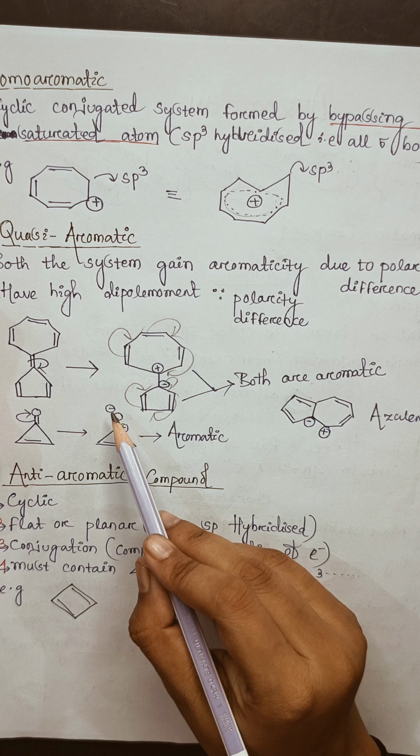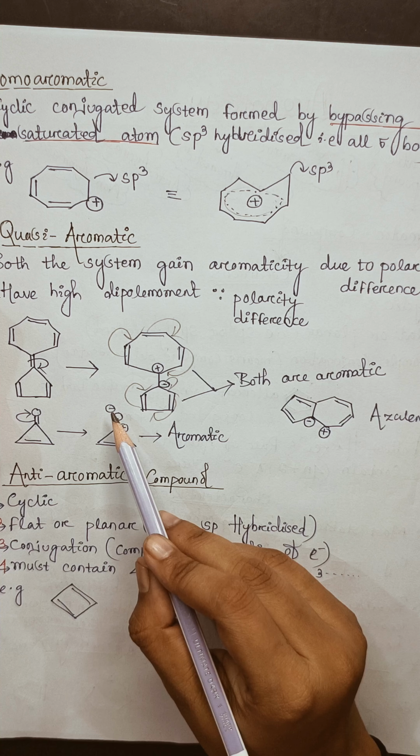There is also complete delocalization of pi electron over the system. It follows Huckel's rule, that is contains 4n plus 2 pi where n equal to 1, that is 6 pi electron. So it is same as aromatic compound, but it must be bypassed by an sp3 hybridized atom or saturated atom.